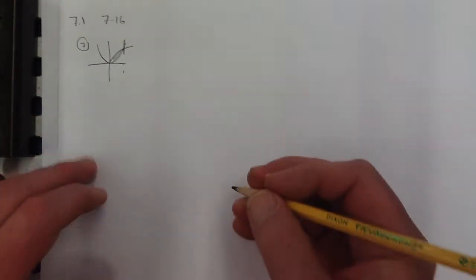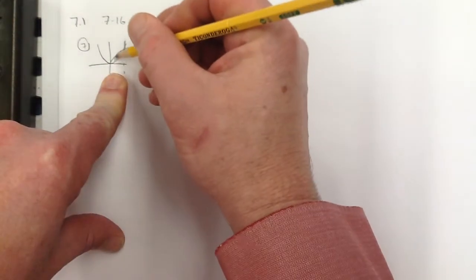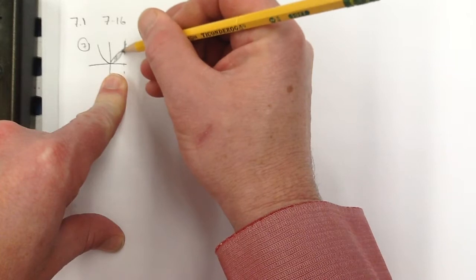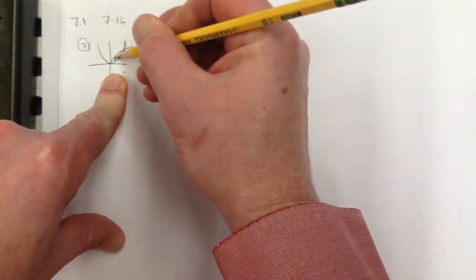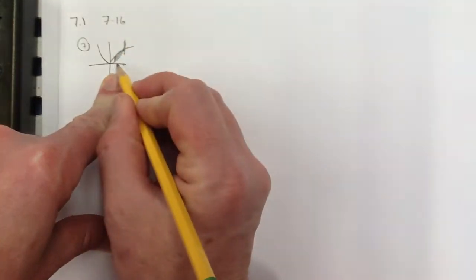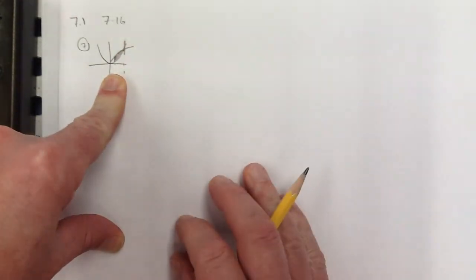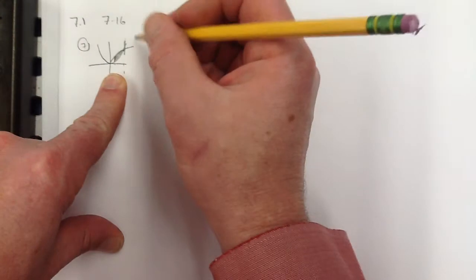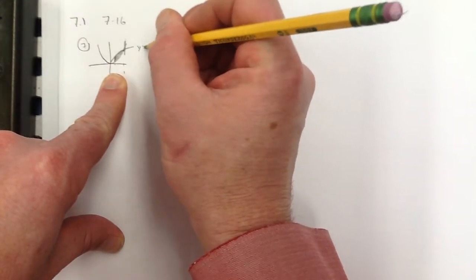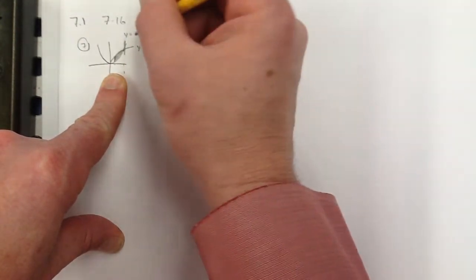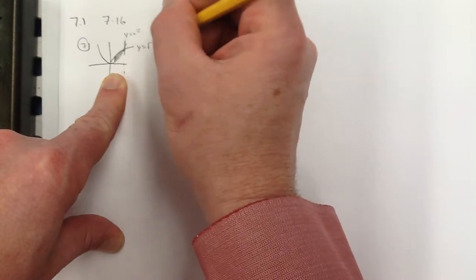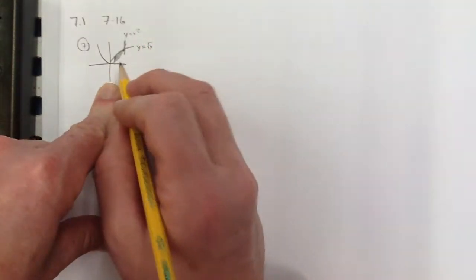Okay, so let's see. Who's on top? As we scroll across this area, these functions are given in y equals form, which is just to say this is a dx problem.